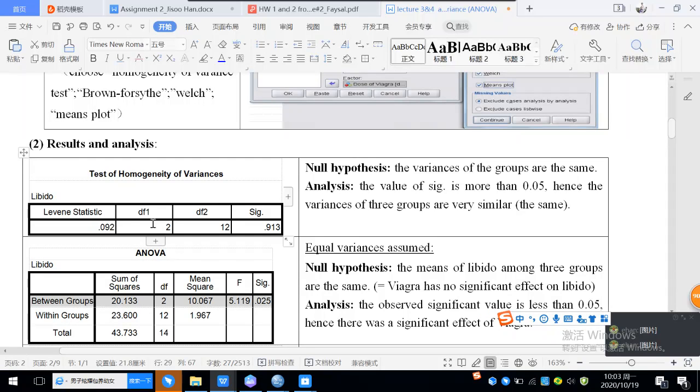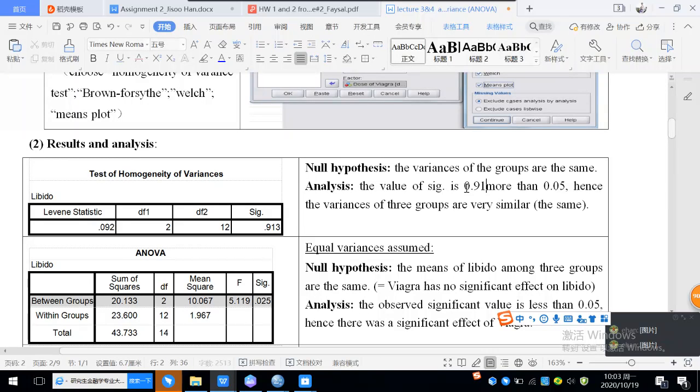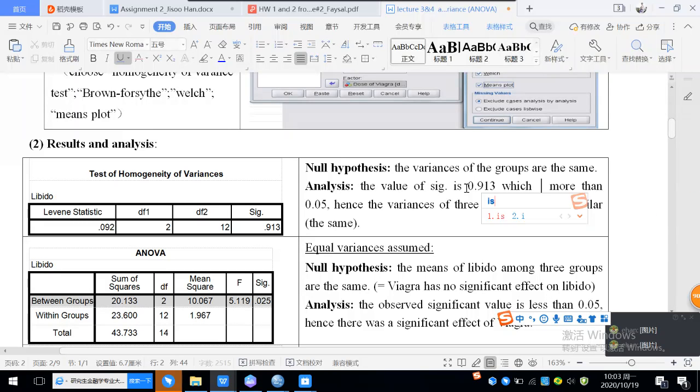Through the results of the test, the significance is 0.913, which is more than 0.05.